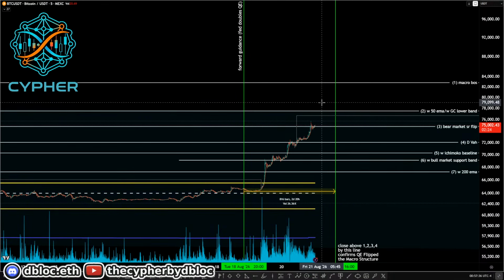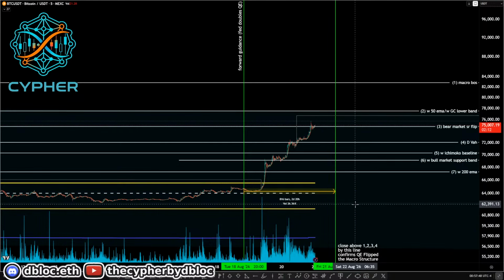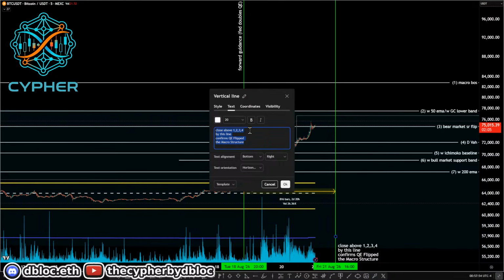Bulls, to break macro structure for the first time during this bear market, to where nobody, not even the most macro of macro guys, can deny that you broke structure, you have a job to do. You need to close above. Actually, you need to close above 5 too.